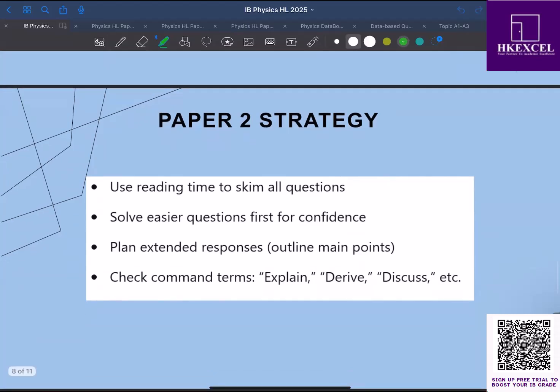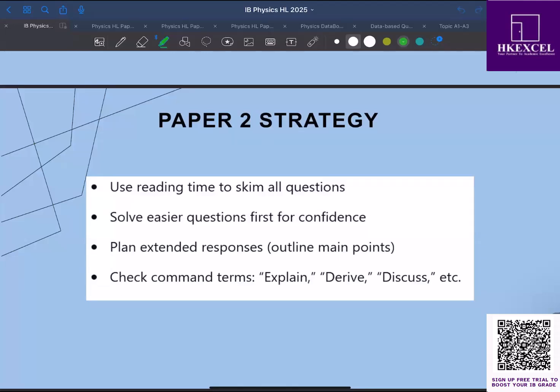The third tip, plan extended response questions. What I mean by extended response questions is, let's say you are given 6 to 8 mark questions, outline the key points or steps on a scratch paper.